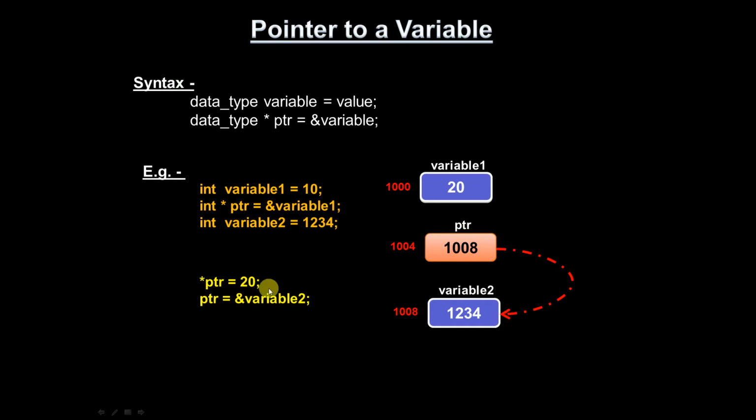Okay, so both are valid operations. Now if you do star ptr equals 20 or 30, then it will modify the value at the variable 2 location. So this is a perfectly legal operation.